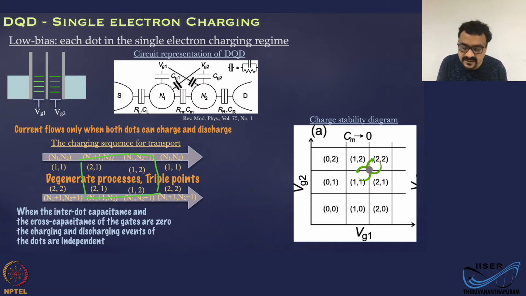So that means they cannot change electrostatically the potential of each dot. For example, Vg2 cannot change the electrostatic potential of N1, Vg1 cannot change the potential of N2, and N1 cannot change N2, or N2 cannot change N1. That means the extra charge sitting on dot N1 cannot induce a change in potential on N2, and vice versa. Okay, that's what it means.